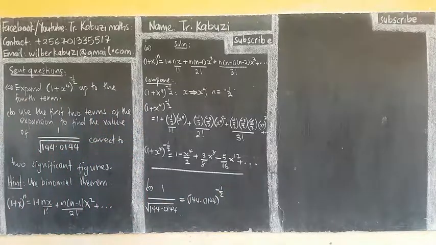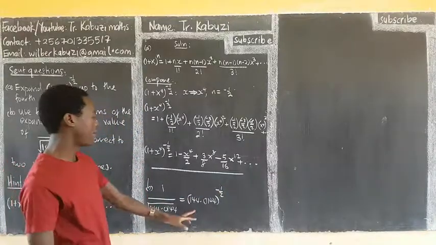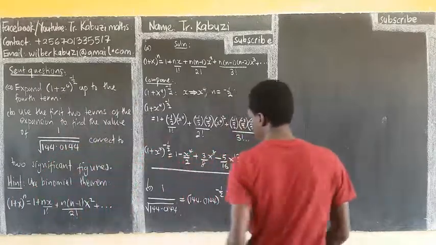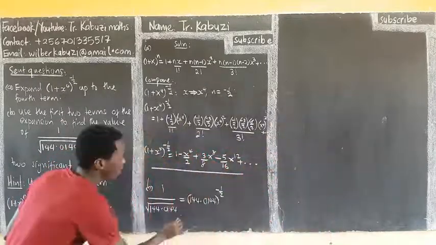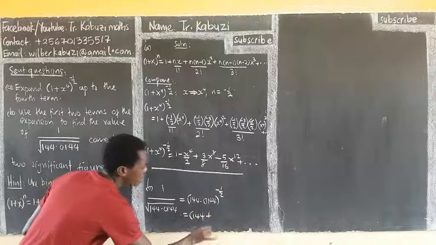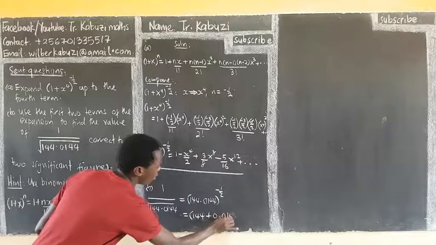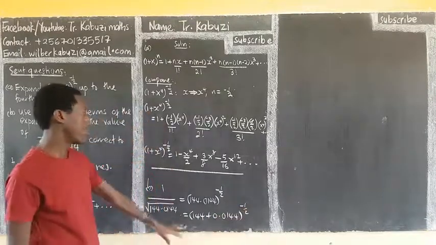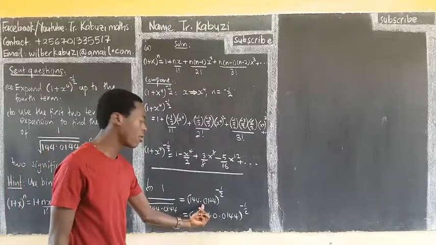Now, my idea from here is to simplify this. How am I going to simplify this? You know now that this is going to be the same as (144 + 0.0144)^(-1/2). I just wanted to simplify it. So when you add this, you go back to this.